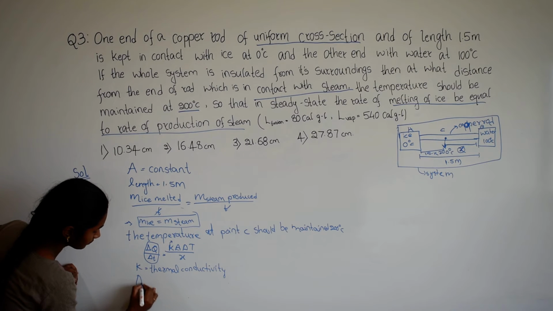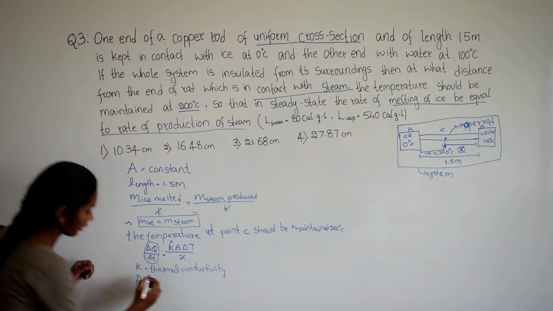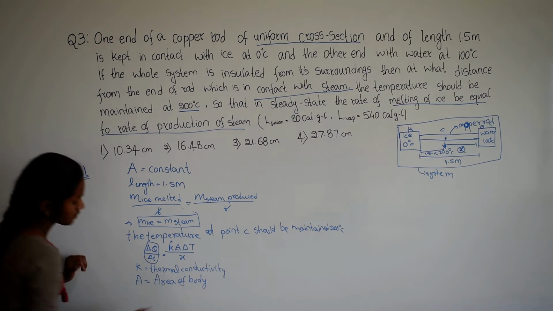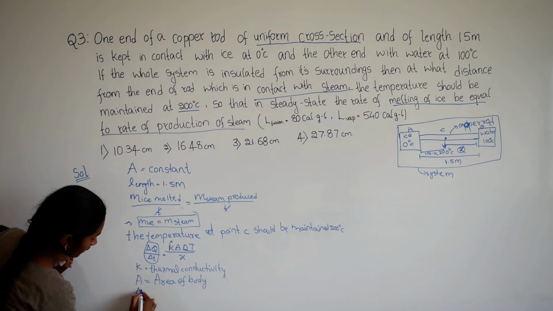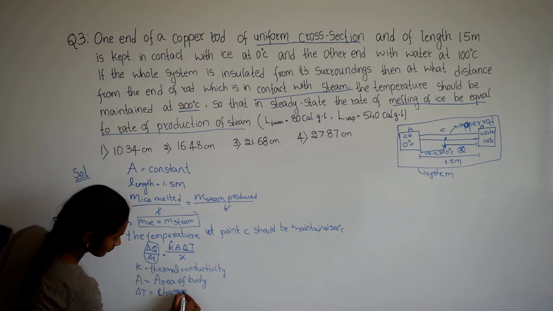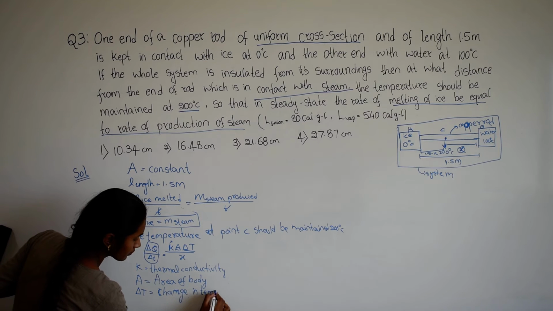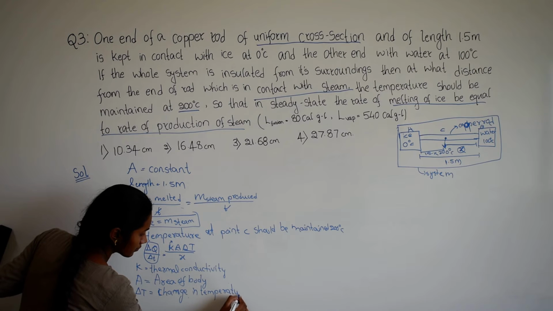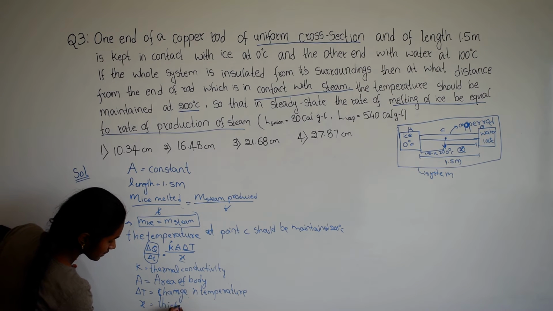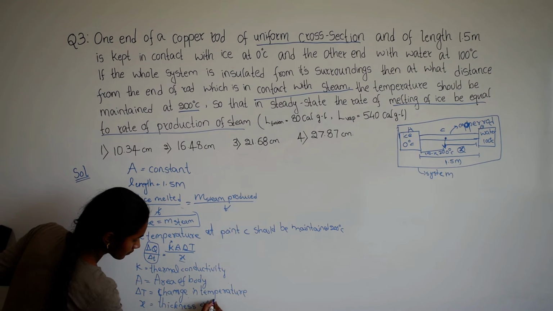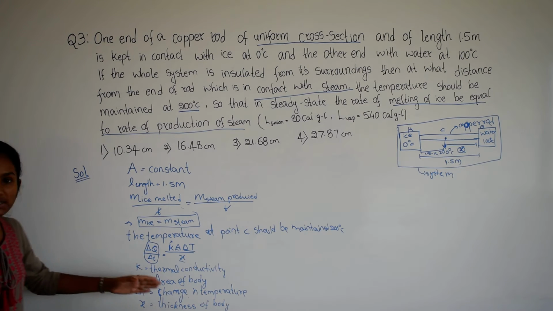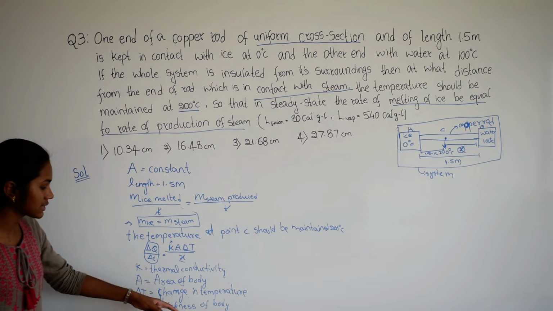A is the area of the body. Delta theta is the change in temperature, and x is the thickness of the body.